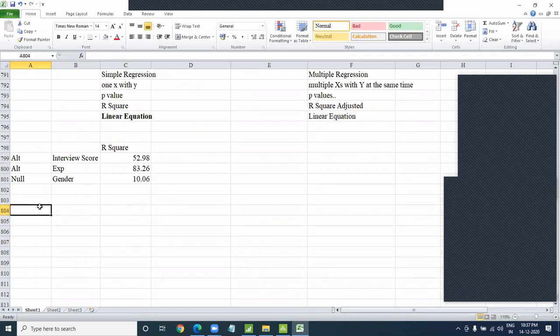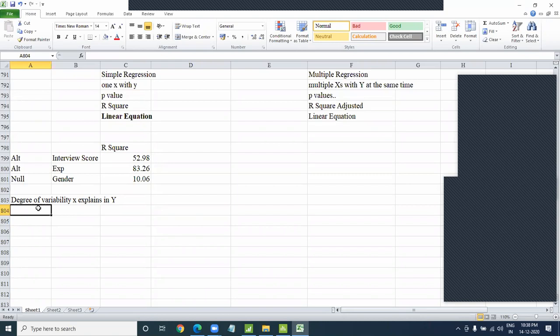Looking at R square, it explains the degree of variability that X explains in Y. In a nutshell, in layman's language, how much of an impact X makes on Y. Y is a combination of a lot of factors.